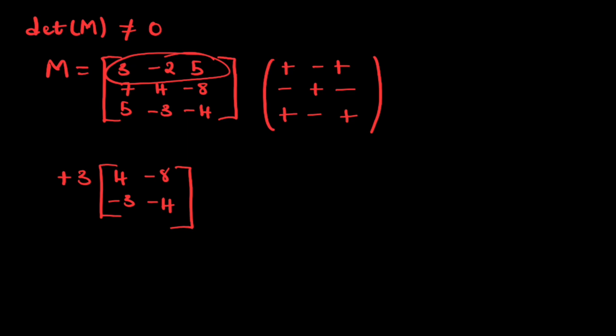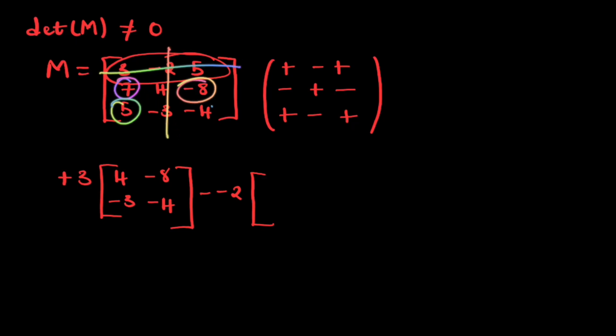We take the next number, which is minus 2, but the sign is minus, so it is minus minus 2. We delete its row and column. We are left with 7, minus 8, 5, minus 4.